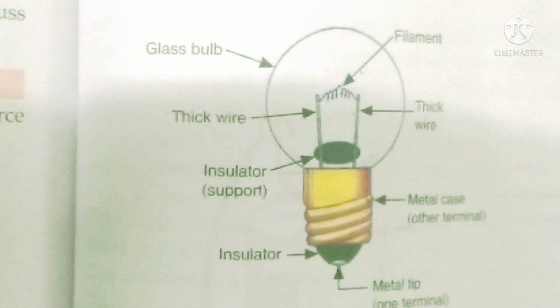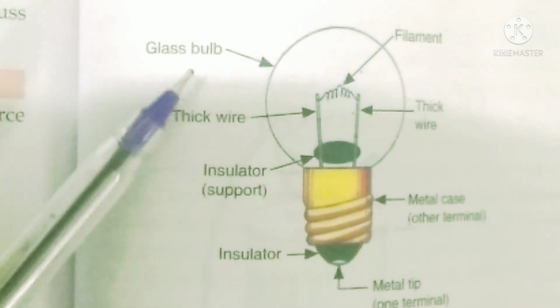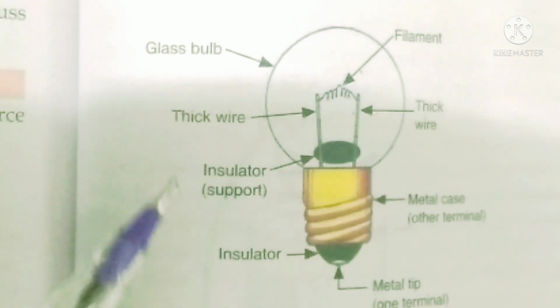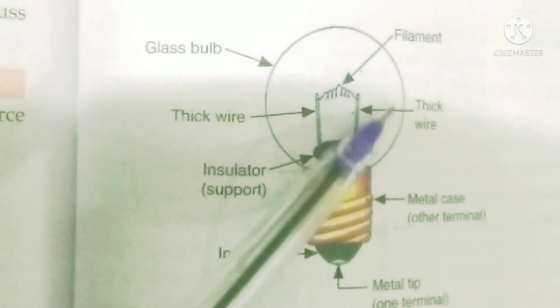Okay, and this filament is connected to two thick wires I showed you, and the ends of these wires are connected to the metallic base of the bulb. Okay, there are two rods, two wires, and the space between the filament and the glass covering inside.